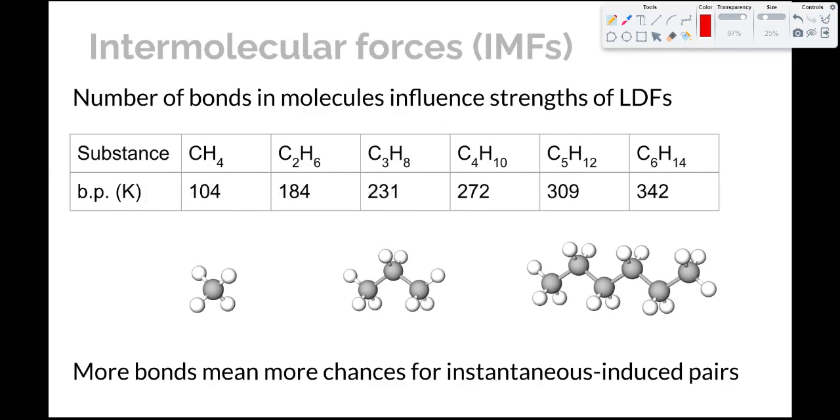If we switch to Kelvin temperatures, you can almost see a kind of a correlation here. 10 bonds in C3H8 compared with 4 bonds in CH4. If we take 10 divided by 4, we get 2.5. So that's the ratio of numbers of bonds. And if we take 231 and divide by 104, that's 2.2. So it's not exactly a linear correlation, but increasing the number of bonds almost proportionally increases the boiling point.